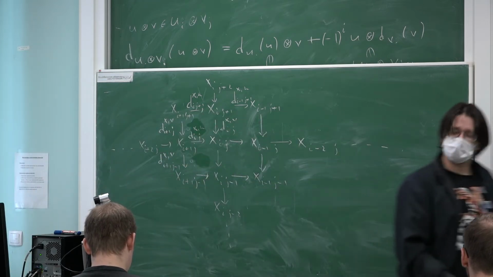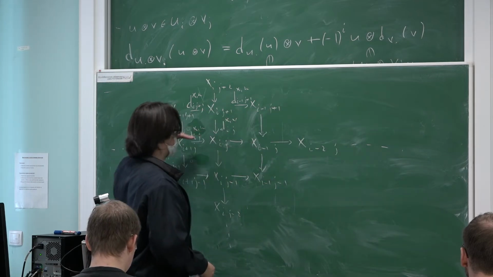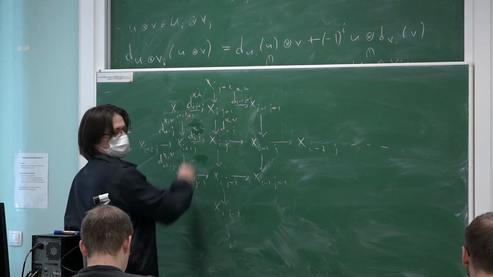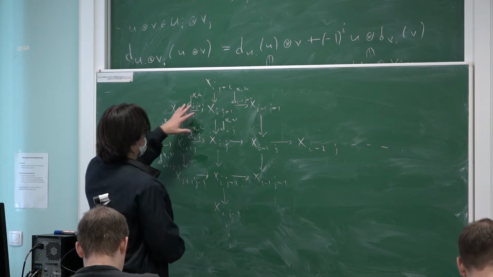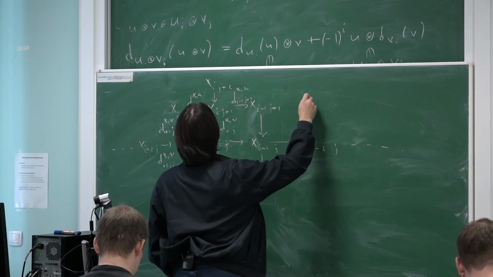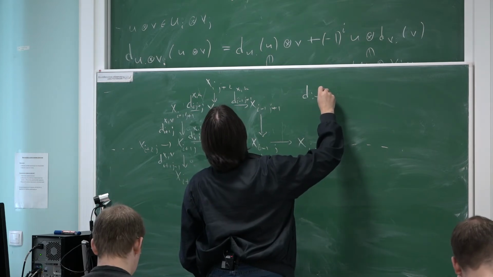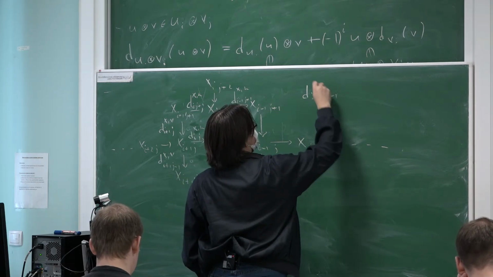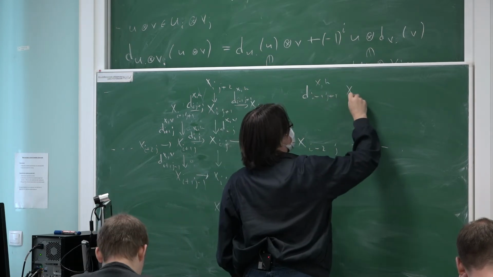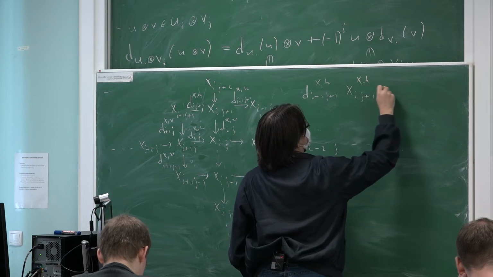The condition to be a double complex means that rows are complexes, columns are complexes, and squares are commutative. So, for example, here the composition of these two is 0: d^h_{i-1,j+1} d^h_{i,j+1} equals 0.